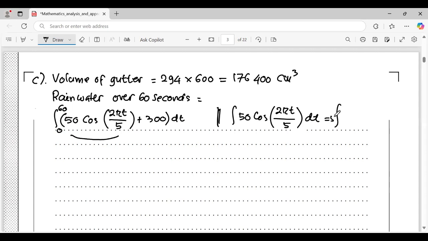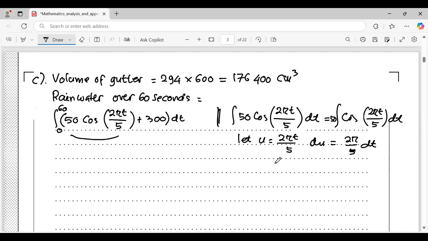It is 50 times the integral of cosine 2 pi t over 5 dt. Let u equal 2 pi t over 5. So du equals 2 pi over 5 dt.